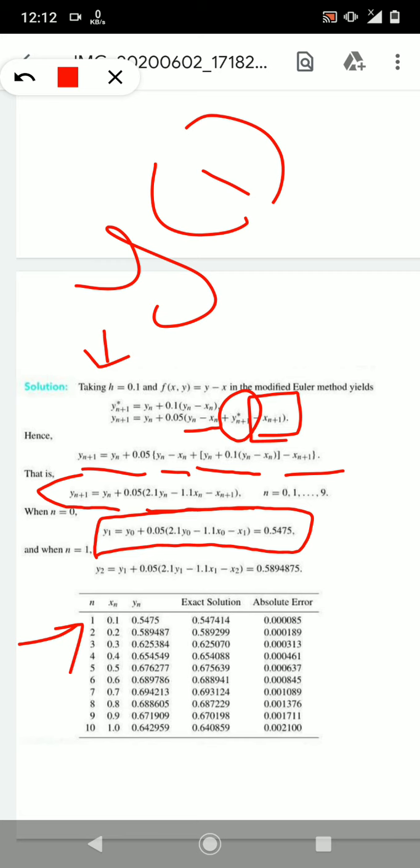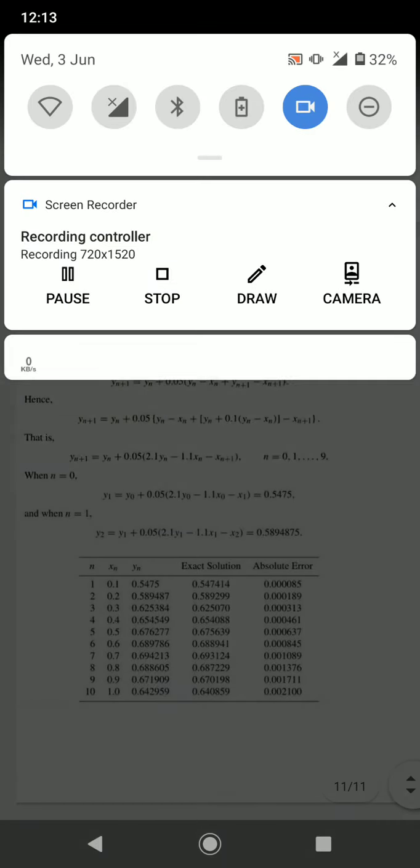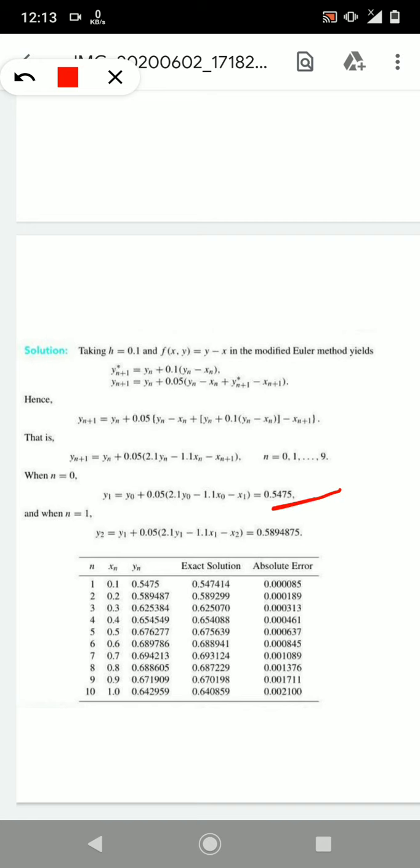That is y1 is equal to y0 plus 0.05 times (2.1 y0 minus 1.1 x0 minus x1), where x0 is equal to 0 and y0 is equal to 1/2. This gives y1 equal to 0.5475.